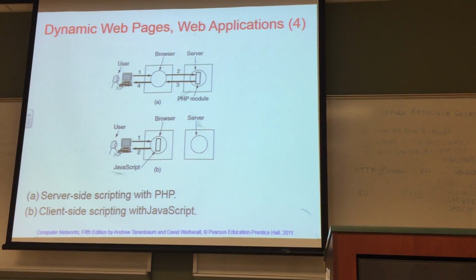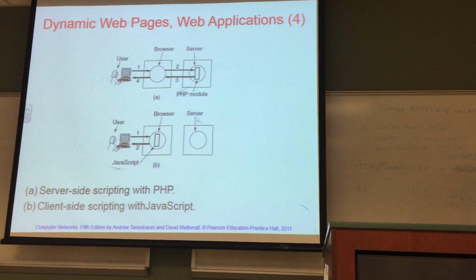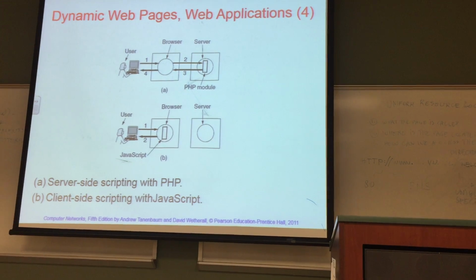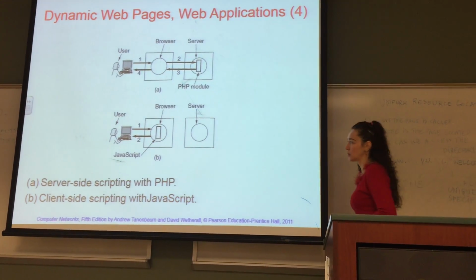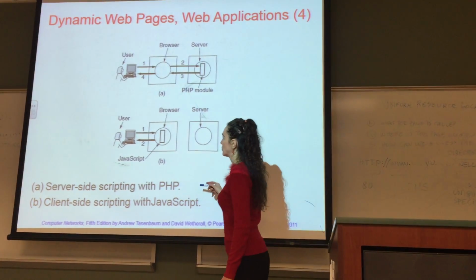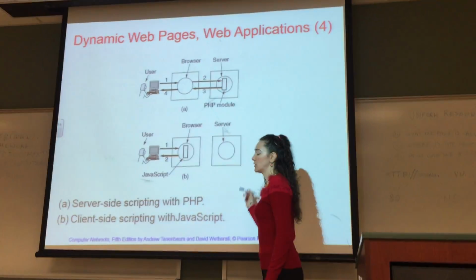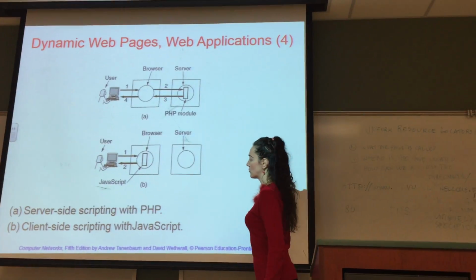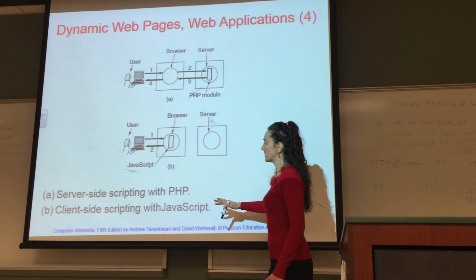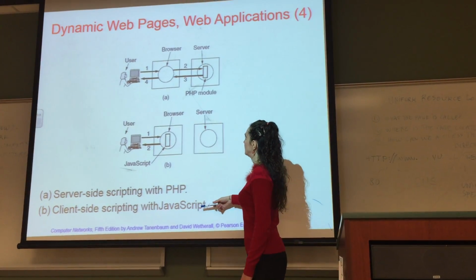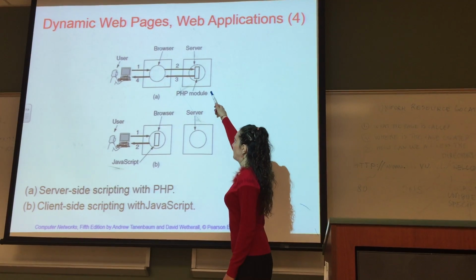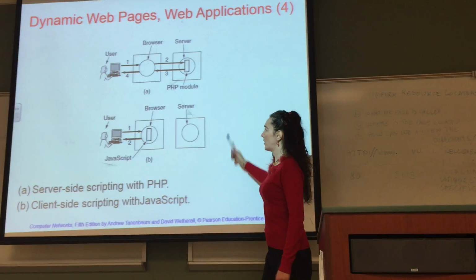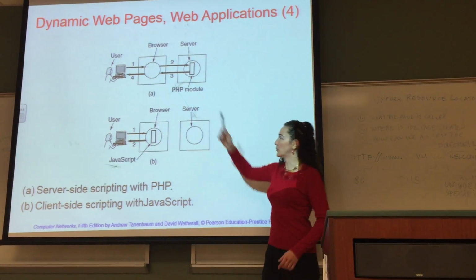This can be done. So on the client side, we could have some scripting language that will run on the client side in order to fill out information into this order form, or to check for errors in the order form. These things will be running on the client, so that's client-side code, such as JavaScript. And on the server, we will have server-side code, such as Java Server Pages, Active Server Pages, or Perl.